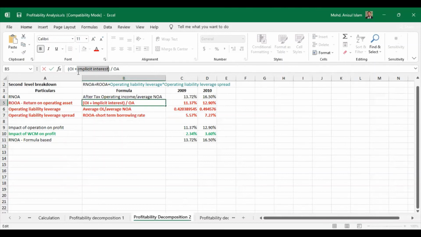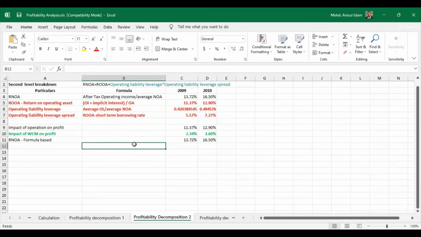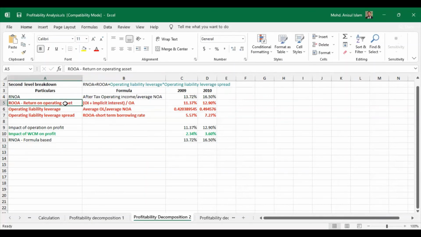What we have done here is insulate the portion from any impact of financing by ignoring any financial income or expenses. We want to see purely the role of operation.